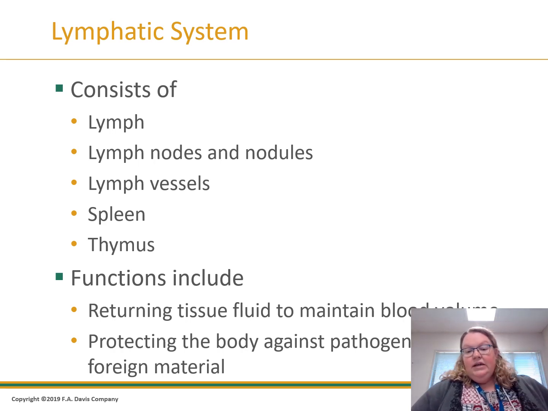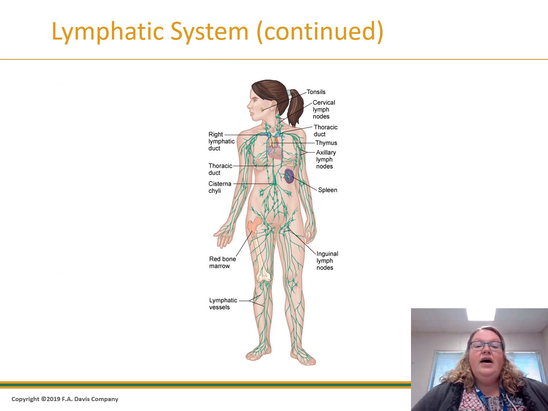To maintain blood volume, protecting the body against pathogens and other foreign materials. There we go. So here's our lymphatic system, right? Our tonsils are part of our lymphatic system. It's a whole system that's dedicated to our immune system, okay?